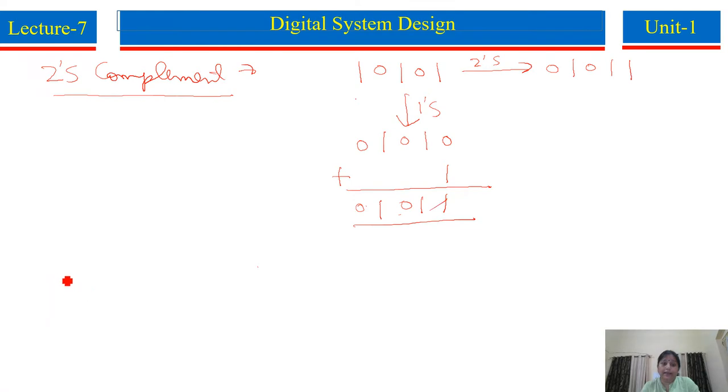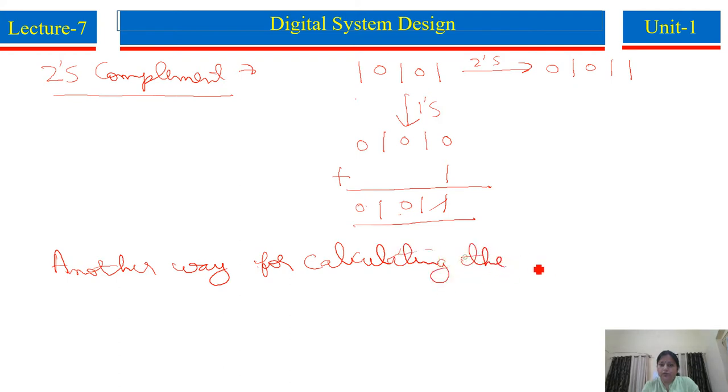Here I explain another way for calculating the 2's complement. Another approach. The number is 10101. I want to calculate twos complement of this number. अब बहुत ध्यान से देखिएगा. You always start from LSB. LSB means rightmost bit. ठीक है?